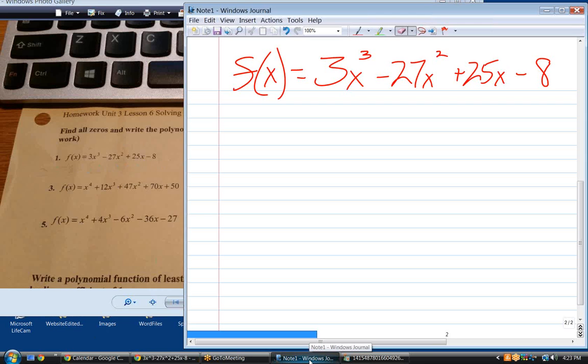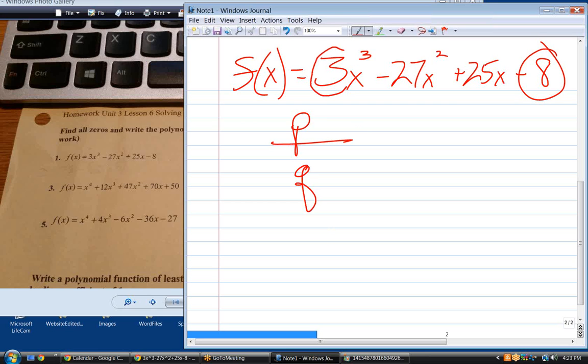Let me talk about the other, just in case this is not a calculator problem, and see if this sounds familiar at all. Stop me if it's completely unfamiliar. There is a theorem that says if this polynomial has a rational 0, then its numerator is a factor of the constant 8, and its denominator is a factor of the coefficient of the highest degree term.